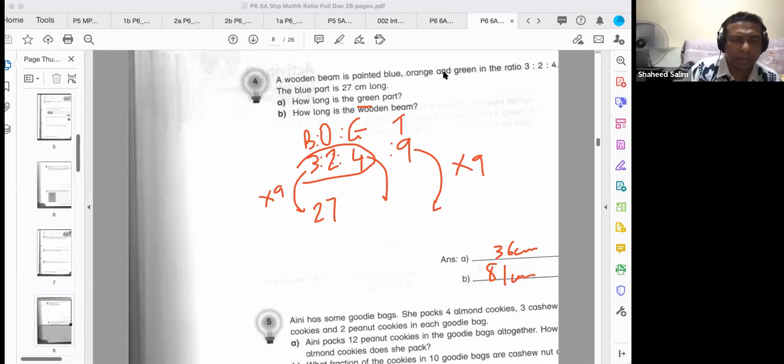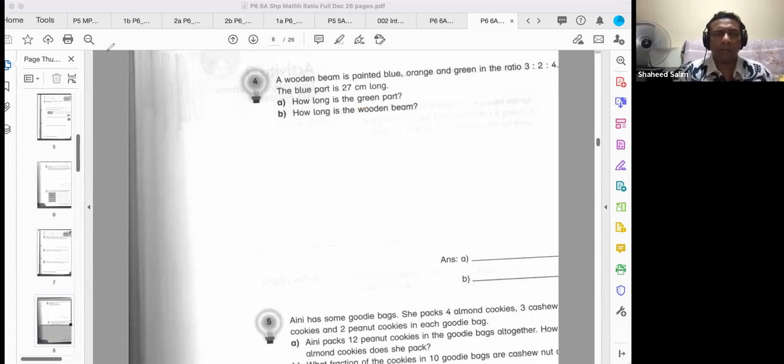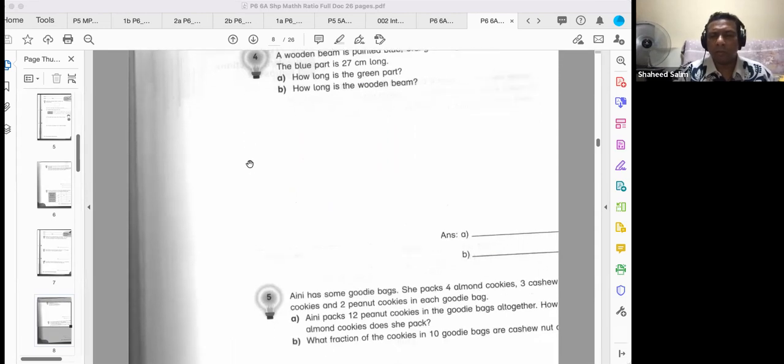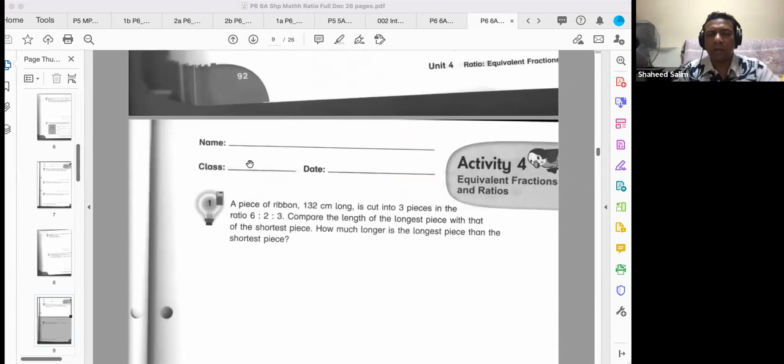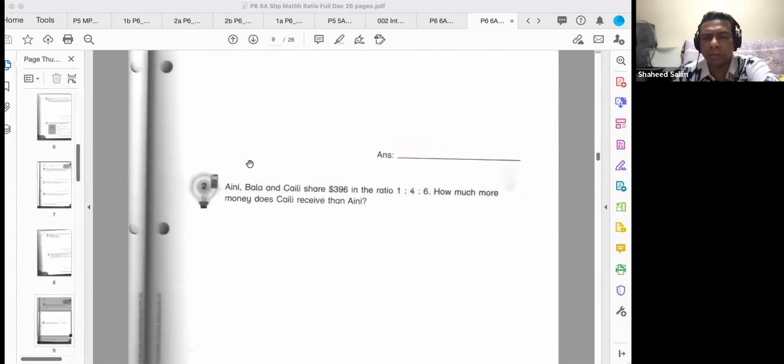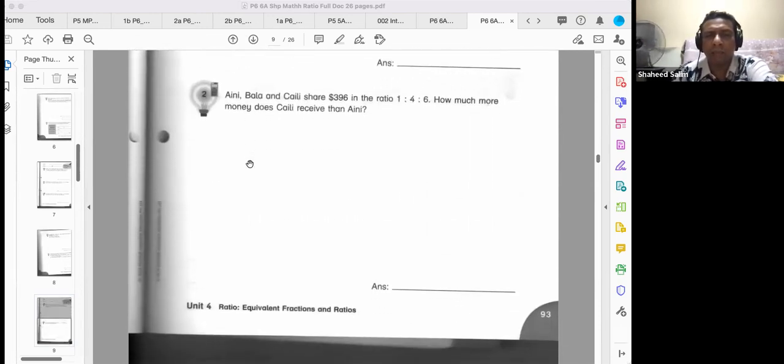Okay, I hope it's okay. Well done, Noah. Next one. Equivalent ratio and what we done? Still the same. Okay. Aini, Bala, and Chaili. Okay, we try. Be careful, just look at the question itself.